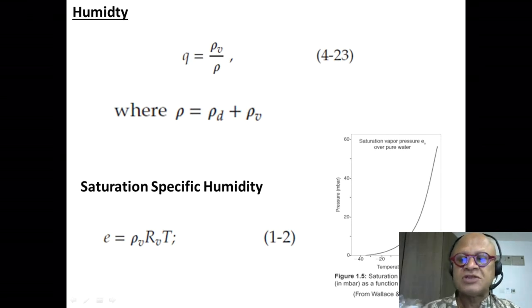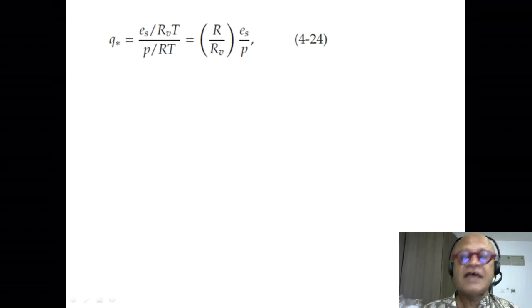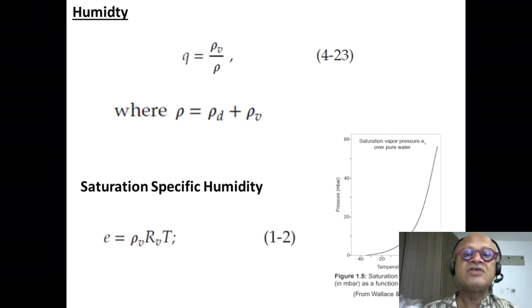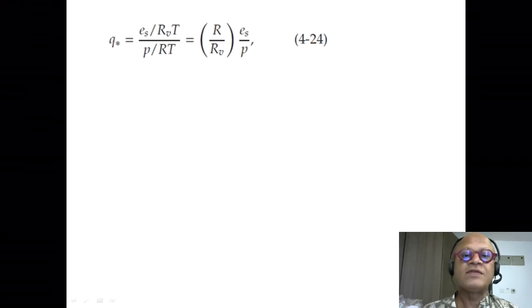So saturation specific humidity is when air is completely saturated for the given temperature in this curve, and that is defined using our ideal gas law again, rho of water vapor is e over R_v T, and we can define that using this relation, rho_v of water vapor divided by rho of air. So you have e_s divided by R_v T, that's our rho_v, and P over RT.